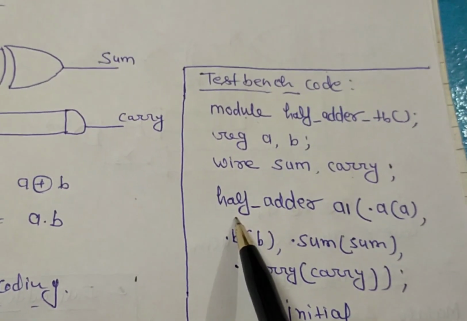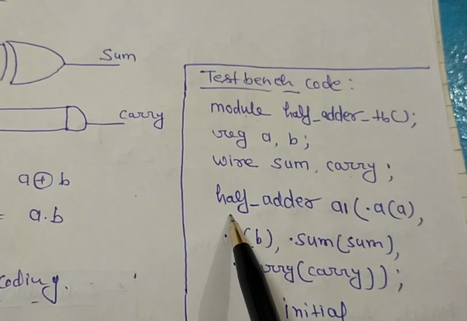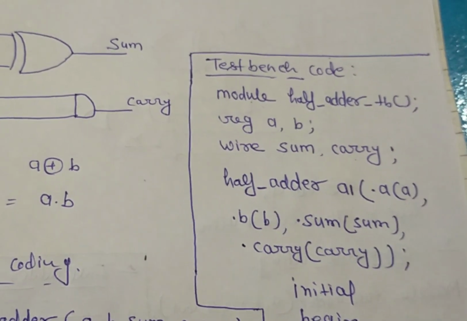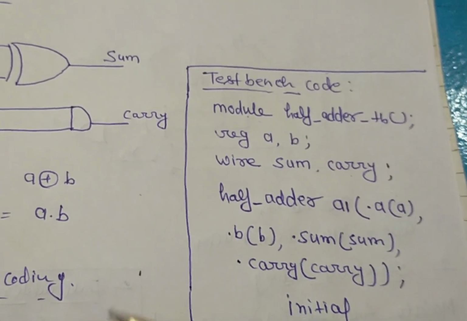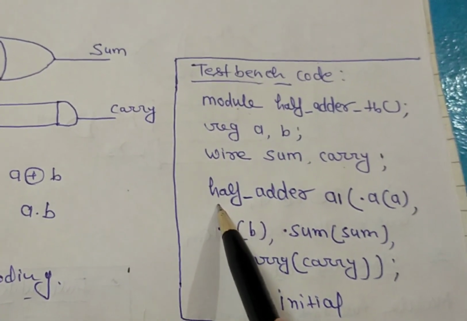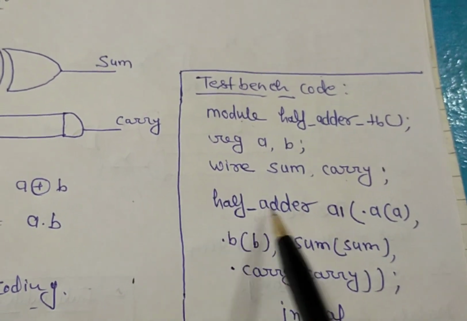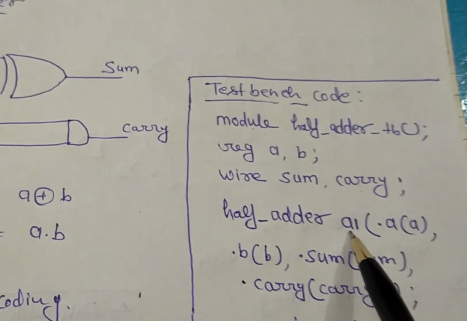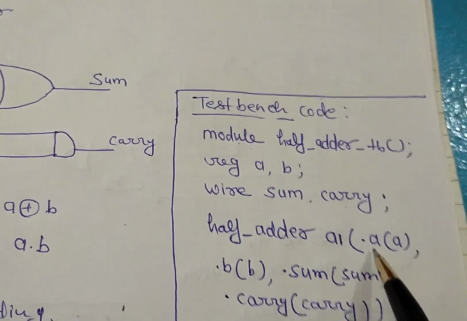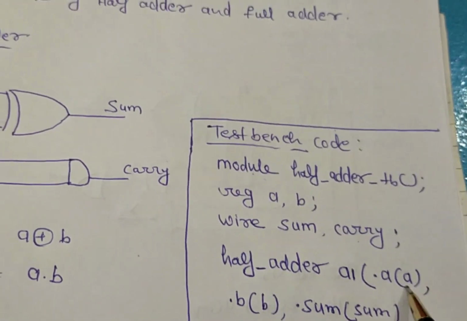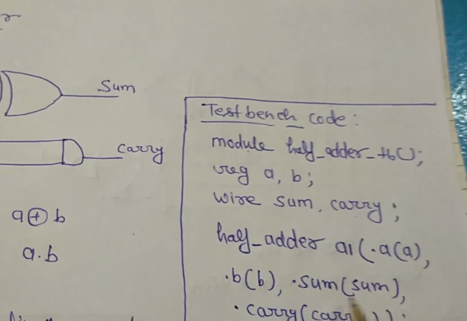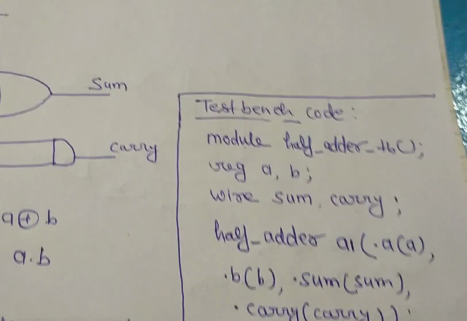Then we need to instantiate the code we have written in structural coding and data flow coding. So we need to call that code in the test bench. For that purpose we use the module name, this is half underscore adder, and randomly write one keyword, a1, x1, whatever, then bracket: dot a bracket a, dot b bracket b, dot sum bracket sum, dot carry bracket carry.